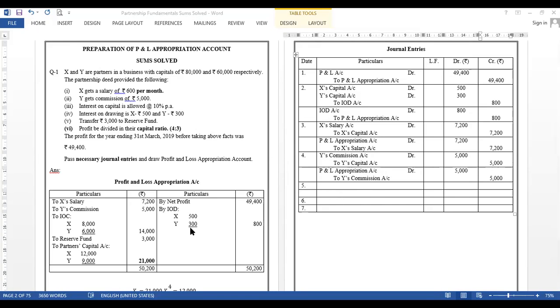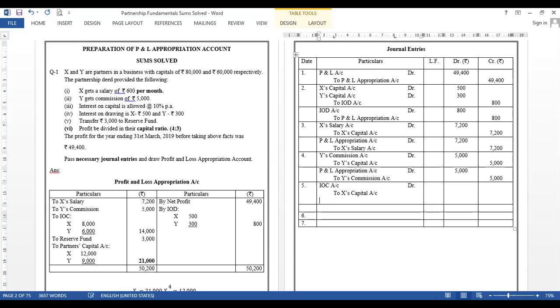Now, interest on capital. Who will give me the entry for interest on capital now? Interest on capital account debited to X's capital account, to Y's capital account. Okay. ठीक है बच्चों. Amount is like total 14,000.